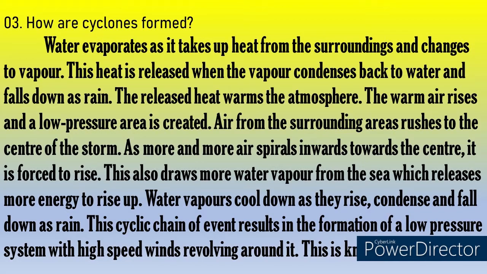As more and more air spirals inwards, as we have discussed before, when the air with force enters into this particular area where the storm is happening, it will not move in a straight line. It will be in the form of a whirl, a spiral or circle. It starts to move in the form of a circle towards the center, which is forced to rise. So the whirl will start to rise upwards.